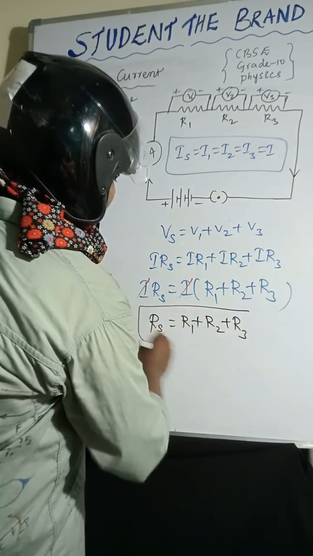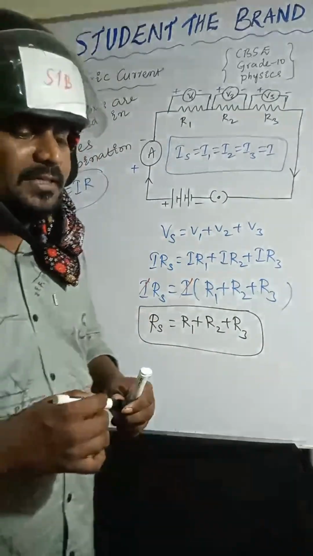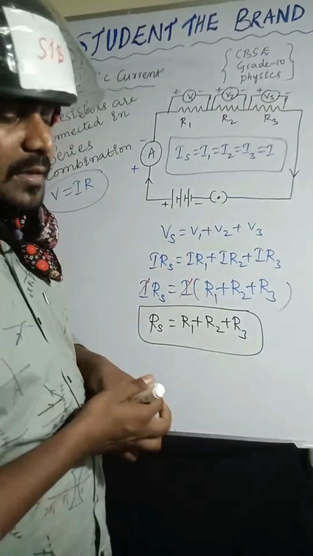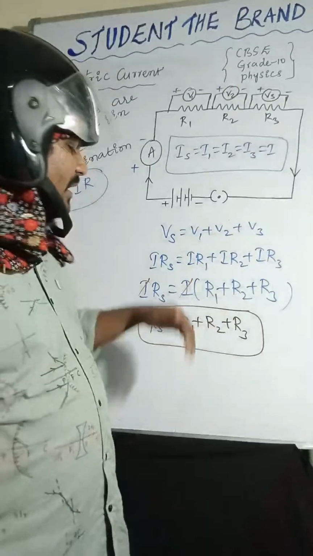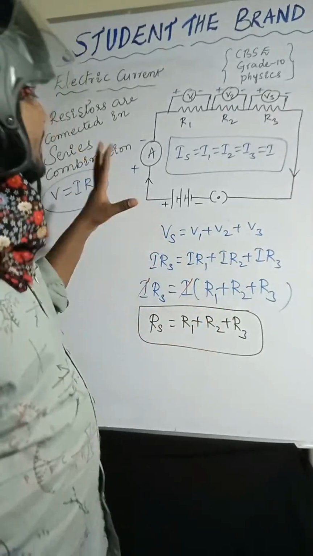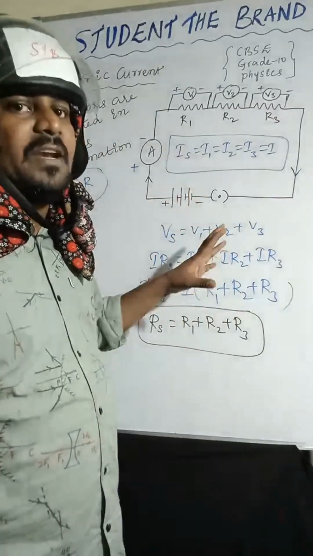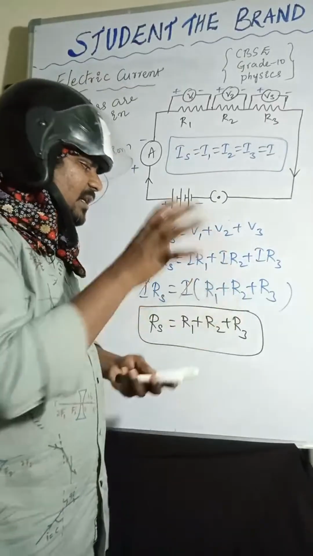Resistors connected in series combination: Rs equals R1 plus R2 plus R3.